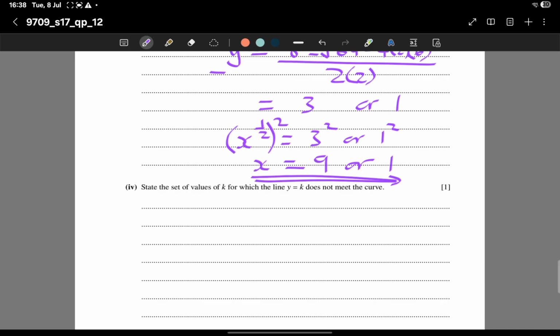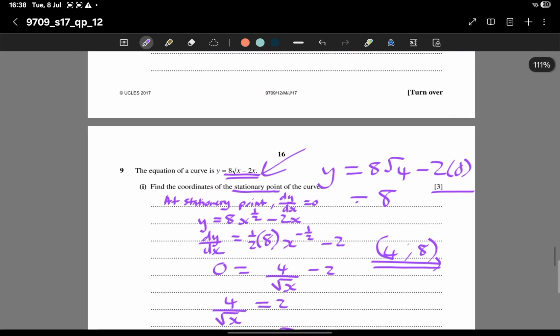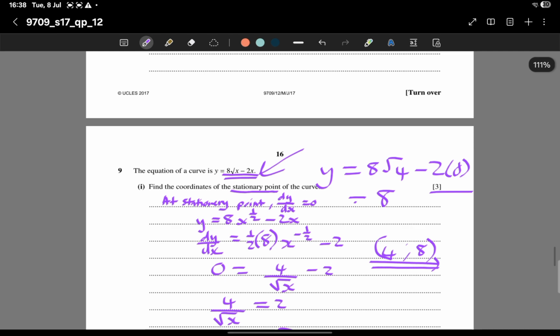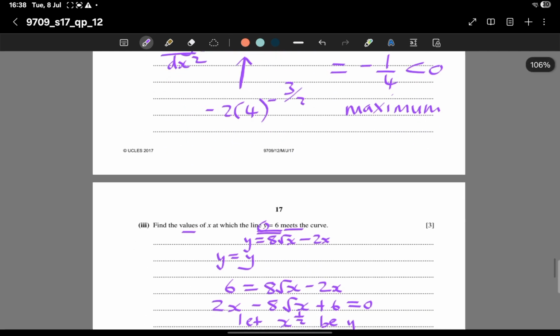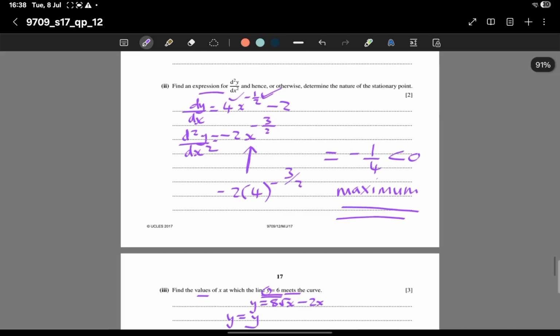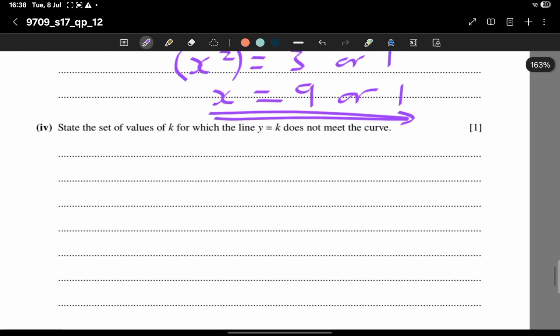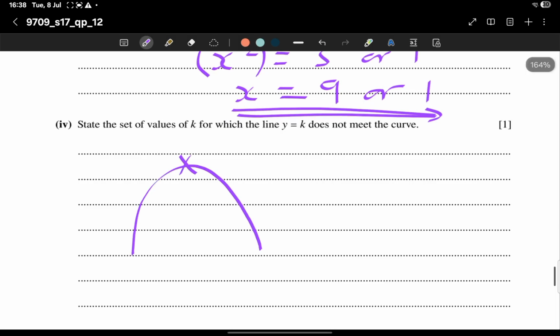Part 4 is now saying state the set of values of k for which the line y equals k does not meet the curve. We know from part 1 that the maximum point is (4, 8). The reason why I called it a maximum is we saw that the turning point is a maximum at part 2 there, so meaning the curve is like this, and it is a maximum at (4, 8).